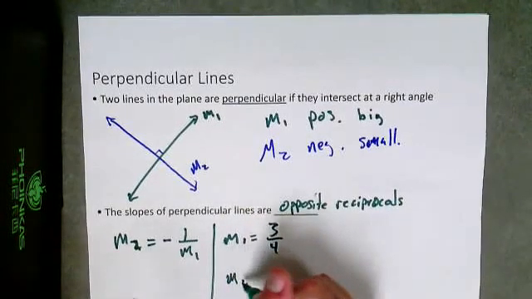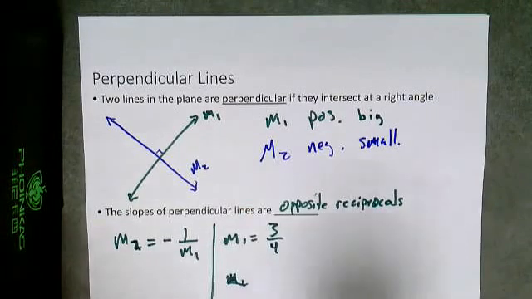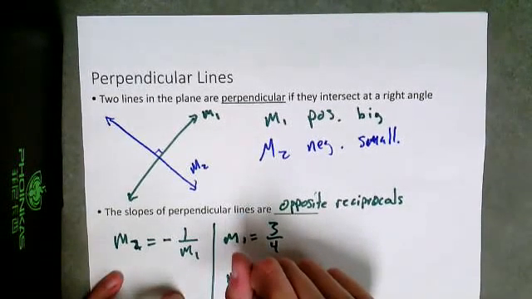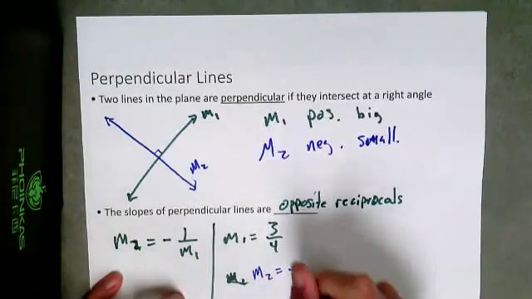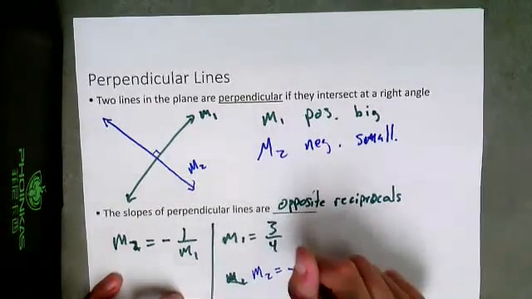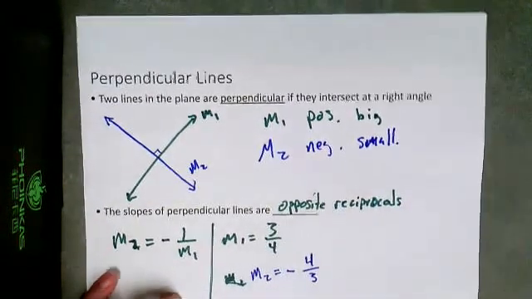Well, then M2 is equal to the negative of the reciprocal of this guy, which is negative 4/3, right?